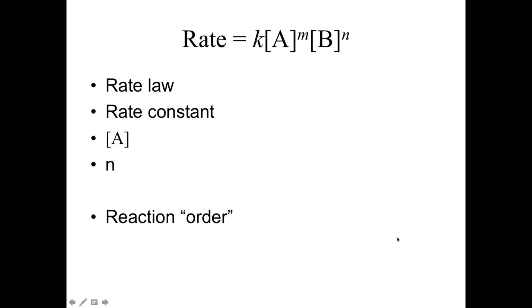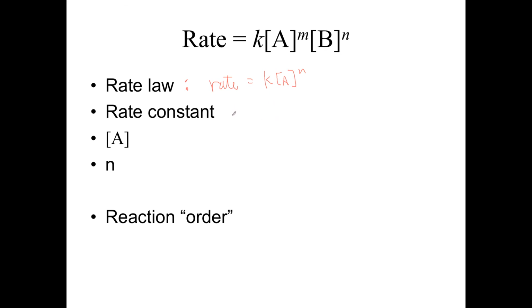So, if the rate law can be described as K, right? If the rate law means rate is equal to K, A to the N, or if there's 2 reactants, it might be A and B, right?